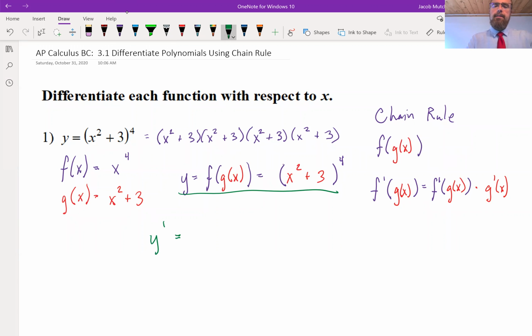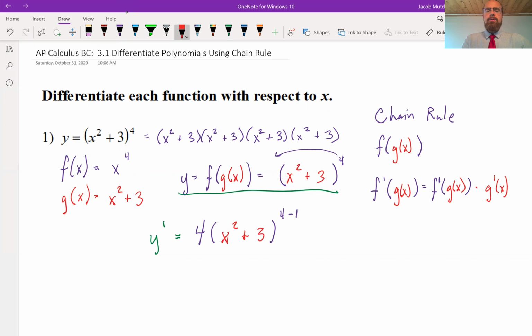I take the derivative of f first, so I take that 4 down as a coefficient and bring the power down by 1. But I'm not changing the g of x function at all. That's still x squared plus 3.